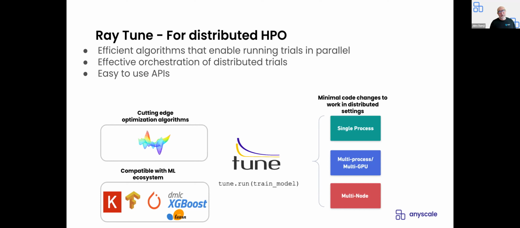And it supports a large number of state-of-the-art algorithms that enable you to run your trials in massive parallelism, right? Because it runs on Ray, you can take advantage of creating trials in parallel, fanning them across the cluster, bringing the results back and then trying the next trial, all happening in a very orchestrated manner.